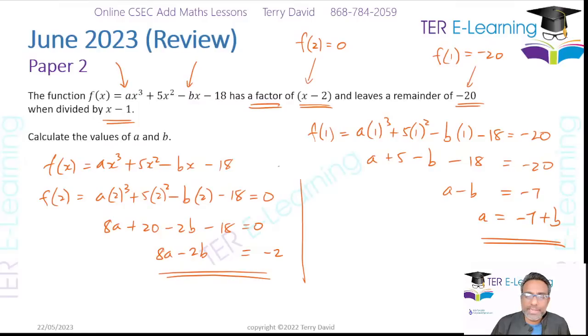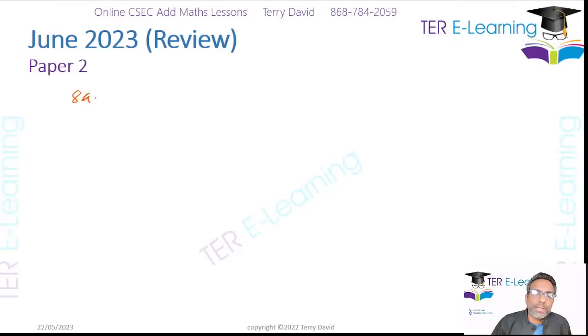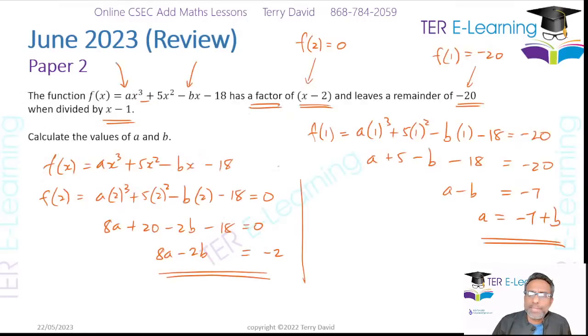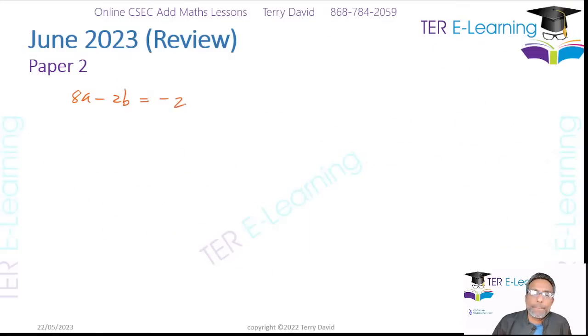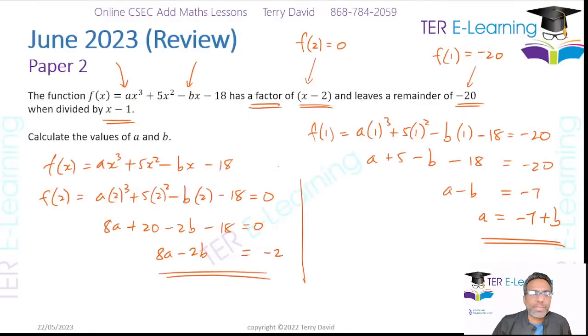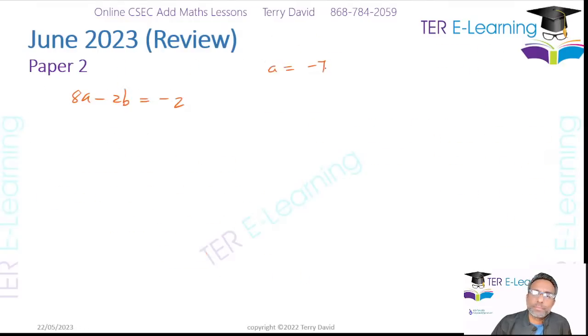So 8A minus 2B is equal to minus 2, right? And the other equation that we have is A is equal to minus 7 plus B. So I'm going to take this and substitute into this equation.